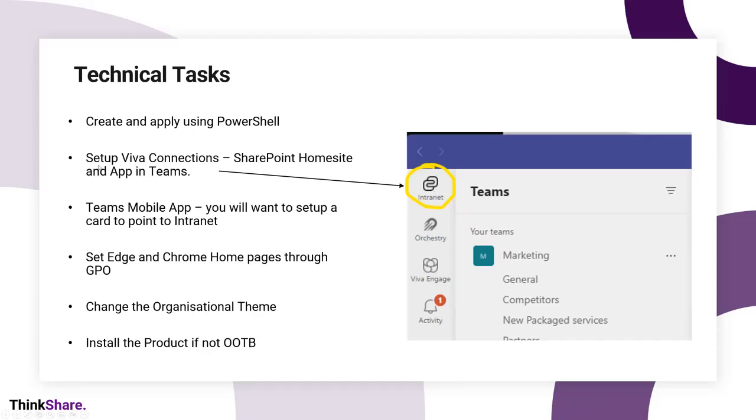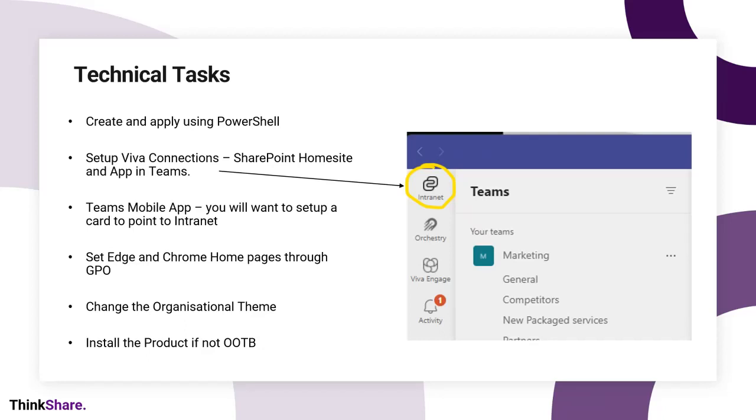If you do set up Viva Connections, what we've found is that the same Viva Connections gets deployed to the Teams mobile app, but there's nothing there. Whereas you've got an icon and link through to the home site, to your SharePoint site in your desktop Teams client, in the Teams mobile app, nothing happens.